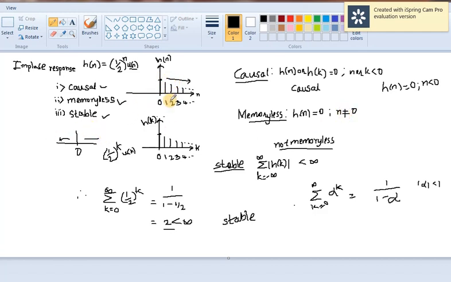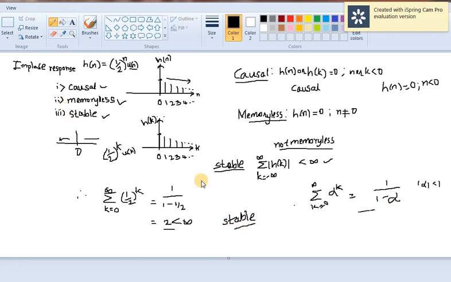Our signal has samples on the right side, so it fails, and the system is not memoryless. Regarding stability, we do indexing, take up this equation and solve. Because the magnitude is totally positive, we can write it as just half raised to k. By this equation, the sum is 2, so the system is stable.